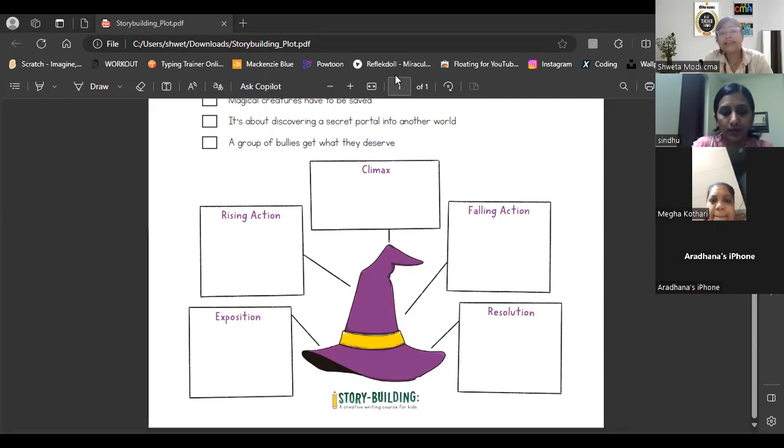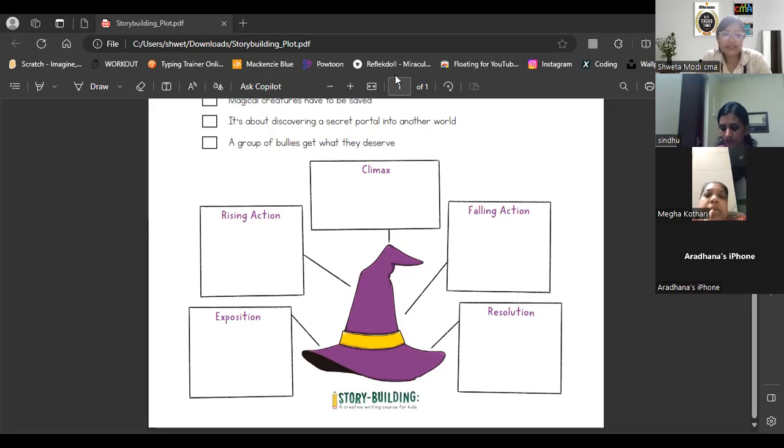You are creating the environment where the child can actually feel and imagine that particular scene. Once he can imagine that scene, after that comes rising action, where you tell something which excites the child and he is curious to know further.